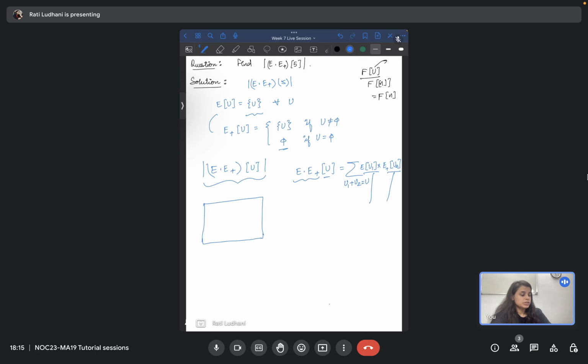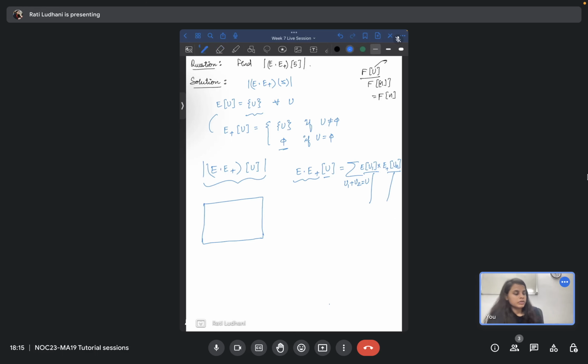Then you sum it up, and sum is the same as the sum operation, so you take the disjoint union, so that plus is coming into picture.